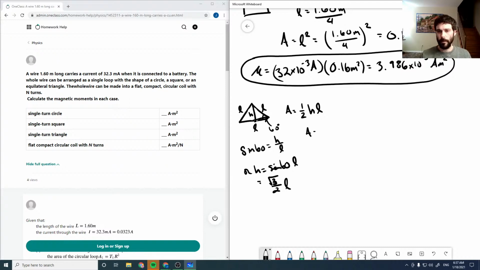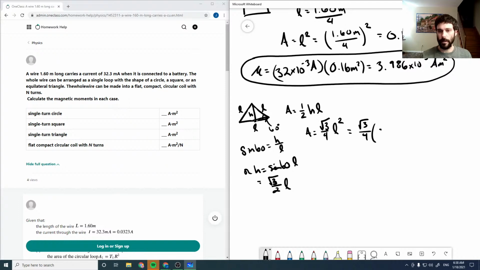So our area is square root of 3 over 4 times L squared.